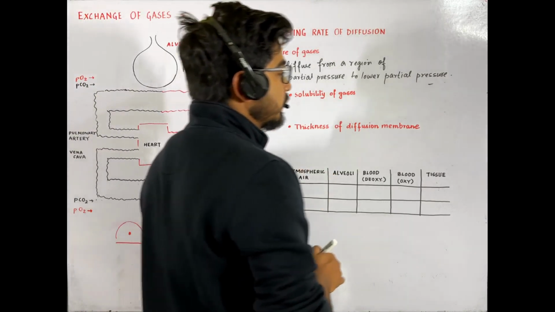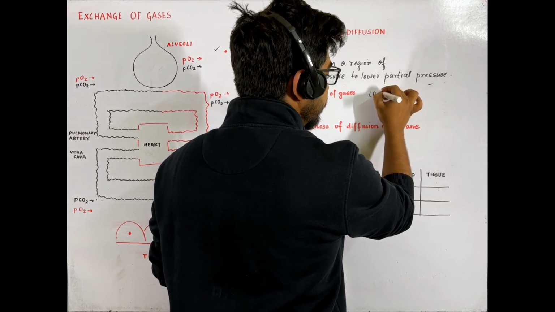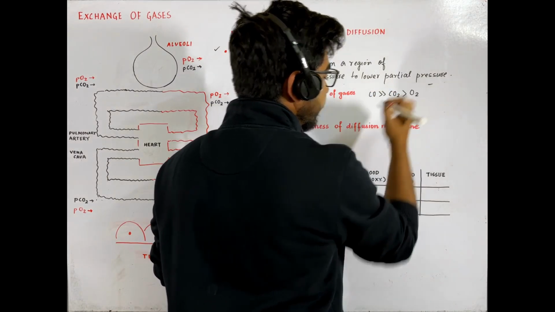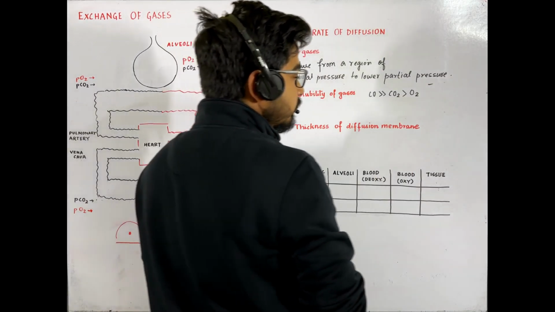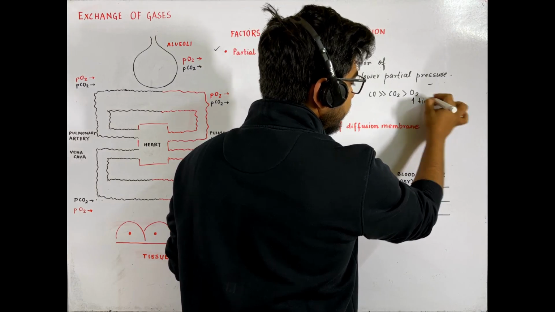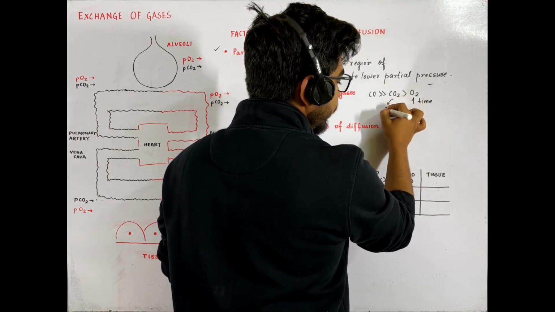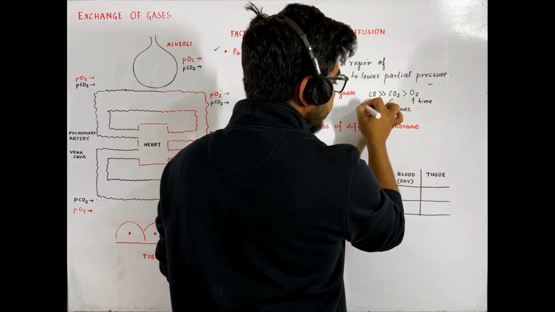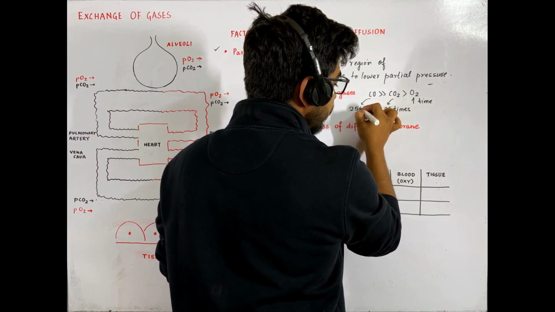So if I consider carbon monoxide, CO2 and O2, I will see that if oxygen is 1 times soluble in blood, then CO2 is 25 times soluble and CO will be 250 times more soluble.